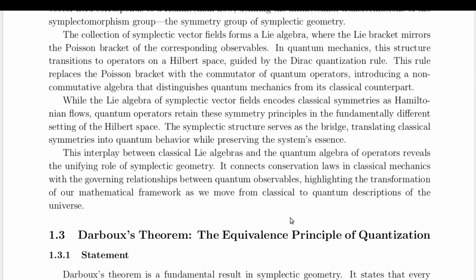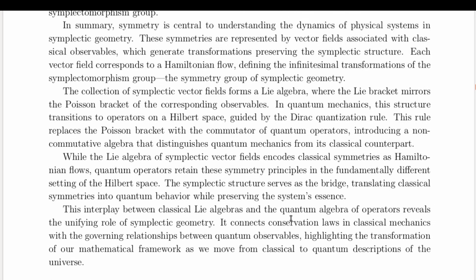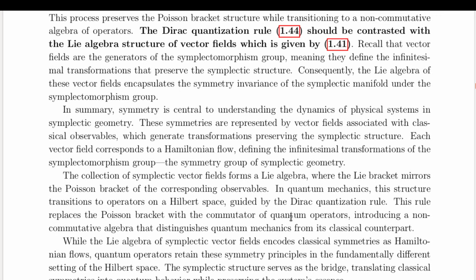This interplay between the classical Lie algebra and the quantum operator algebra underscores the unifying role of symplectic geometry. It provides the framework for understanding how conservation laws in classical mechanics translate into governing relationships between quantum observables, ensuring the consistency of the quantum system with its classical origins.